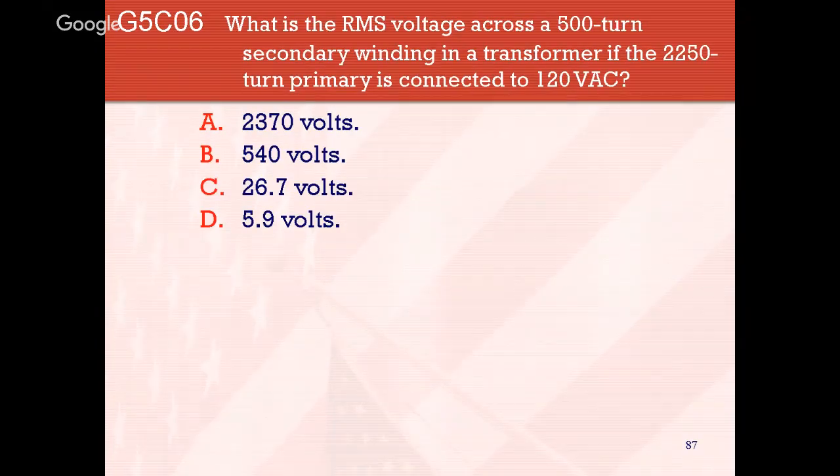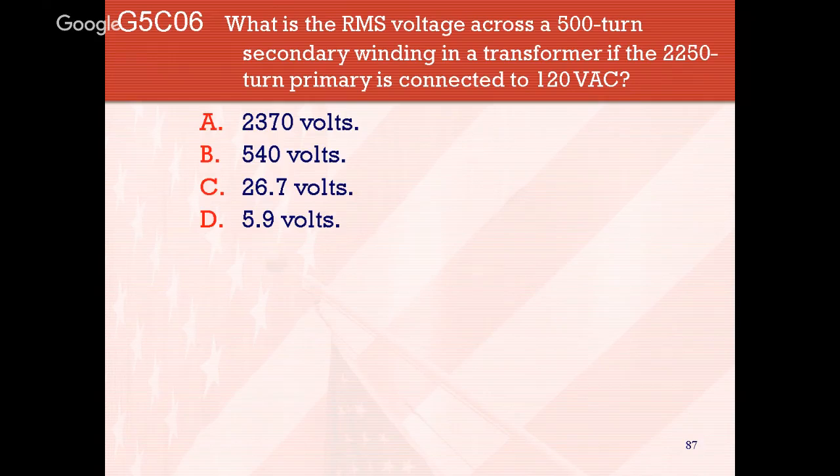So, what is the RMS voltage across a 500 turn secondary winding in a transformer if the 2,250 turn primary is connected to 120 volts AC? This should be relatively easy to come up with. Really, you're going to kind of memorize this. You have a secondary winding that's smaller than the primary: more windings on the primary, fewer on the secondary.